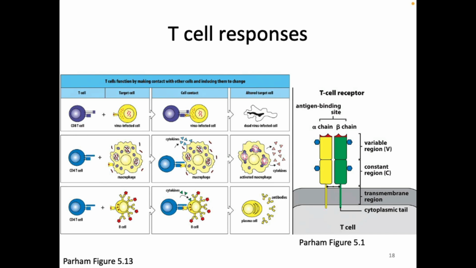So I'm going to show you a few examples of some viruses and things that they have evolved to do to evade MHC class 1 recognition. Because if they just sat around and let MHC class 1 recognize them, then that would suck for them and that would be the end of that virus.